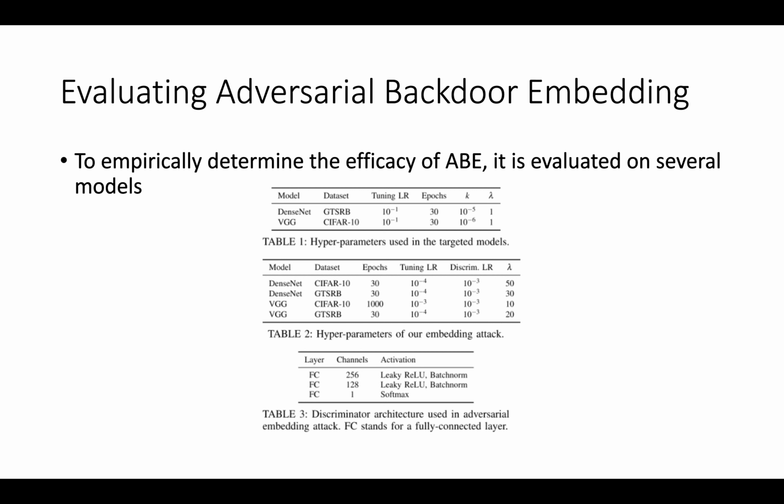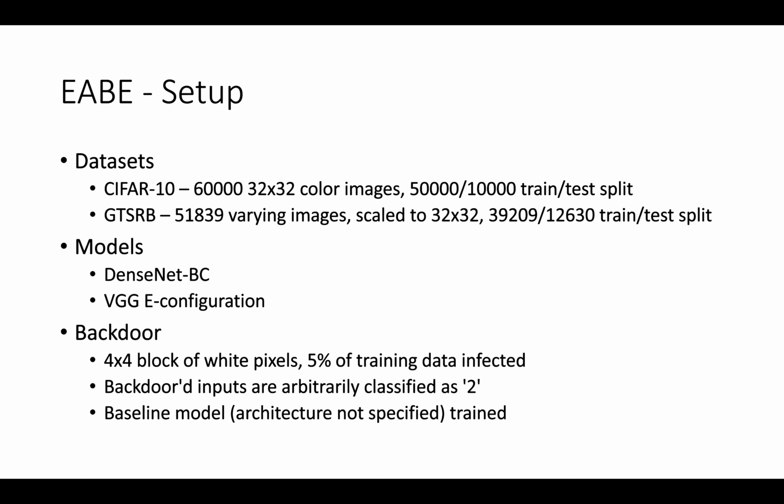Okay, to empirically show that it's robust, we'll evaluate it on several different models. Here's the setup we're going to use. We're going to use two different datasets, CIFAR10 and GTSRB. Both are image datasets. We use two different models, DenseNet and VGG in the E configuration.